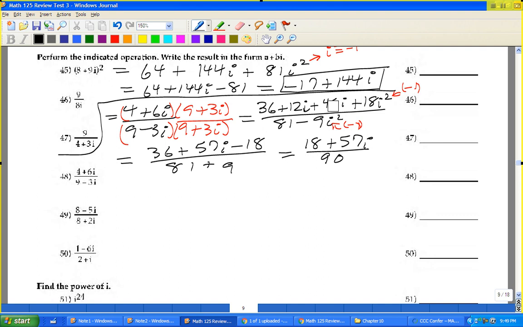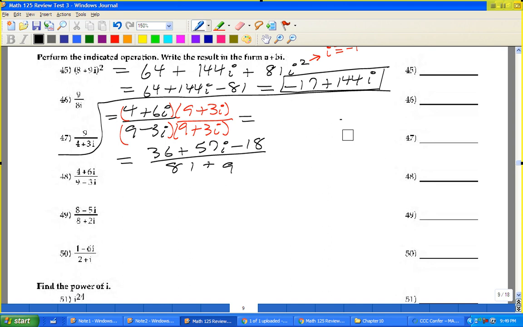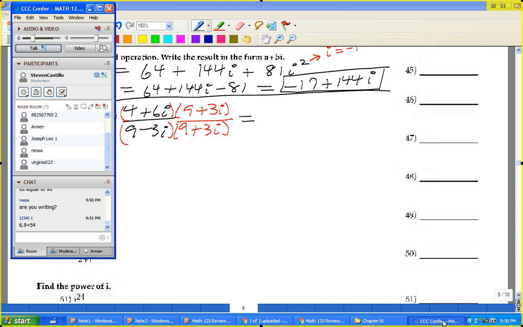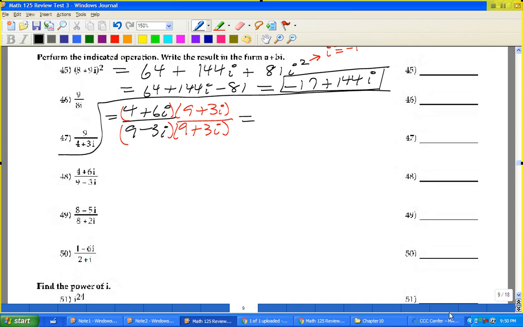There's an error right here. So what I'm doing right now is actually erasing, because there was an error. I wrote 45 and it was supposed to be 54. Yes, that was the error. It's 54.